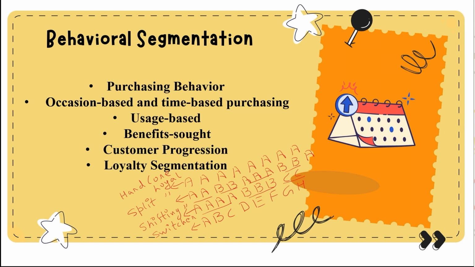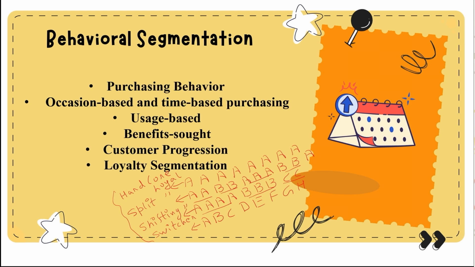Now, don't you think that based on these 4 kinds of loyalty status, the organization can formulate different kinds of strategies? Certain goodies are supposed to be offered by the organization to hardcore loyals. They may create a certain condition to make the split loyals more loyal or convert them into hardcore loyals. They may try to make the shifting loyals remain a longer period in their own brand, and if possible, try to work with the switchers also if you are capable enough.